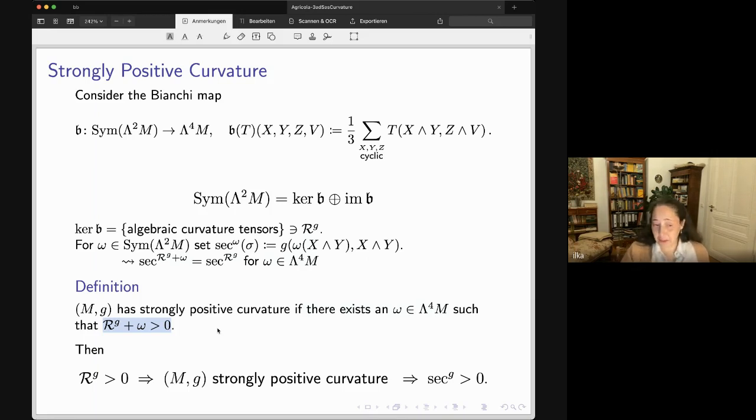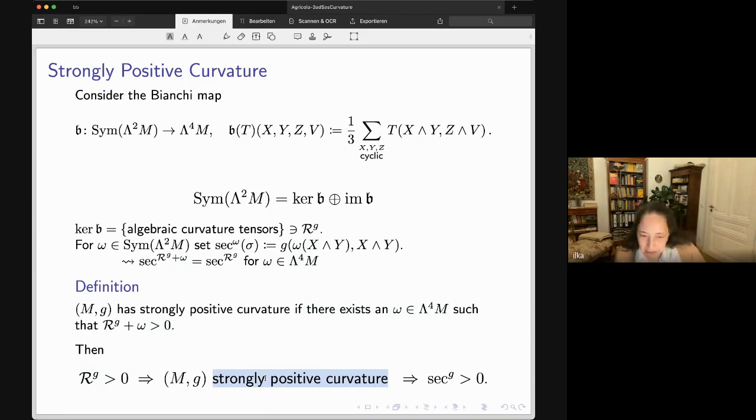And actually in dimension 4, this is equivalent to positive sectional curvature, but in higher dimensions it isn't. It's not equivalent, but we do still have, nevertheless, if the Riemannian curvature operator is positive, then in particular, of course, M would have strongly positive curvature, and then we could conclude that the sectional curvature is positive. So we have found an intermediate condition between these two extremes, and we want to investigate it.